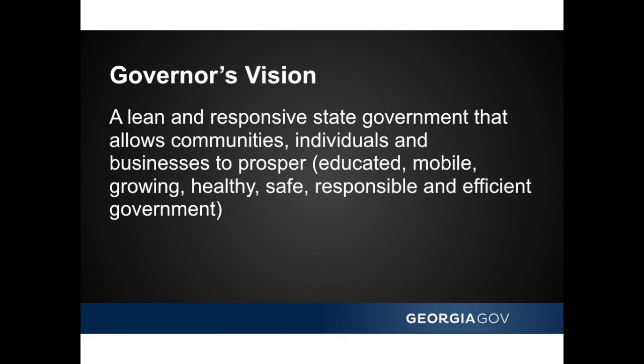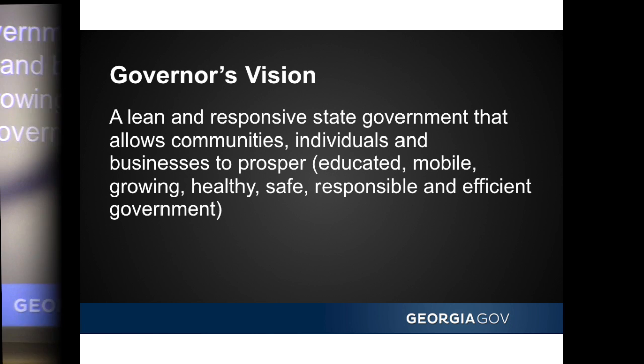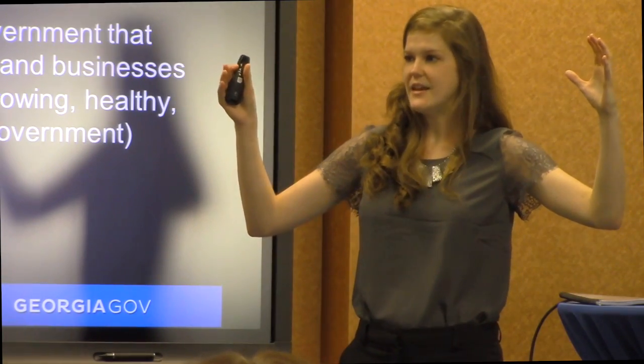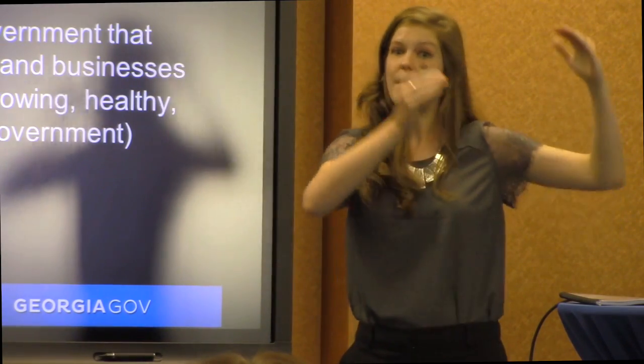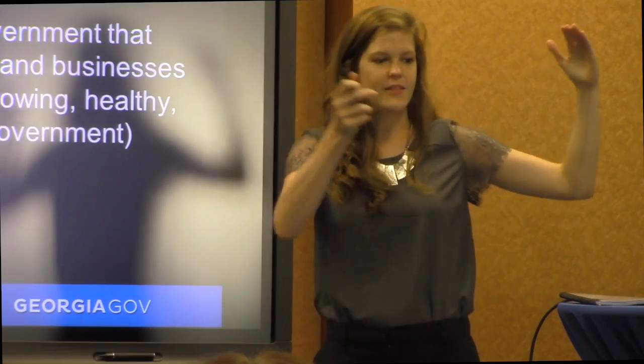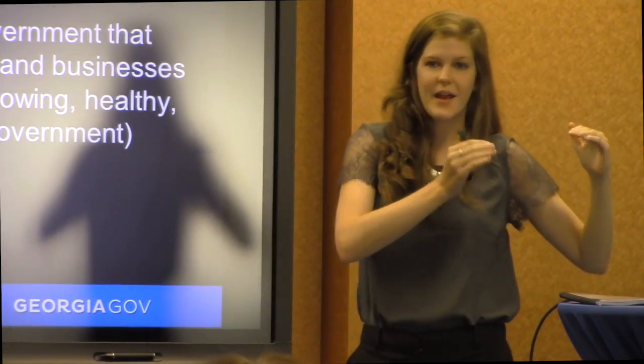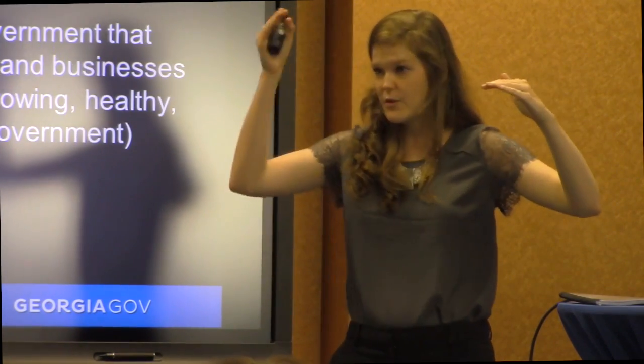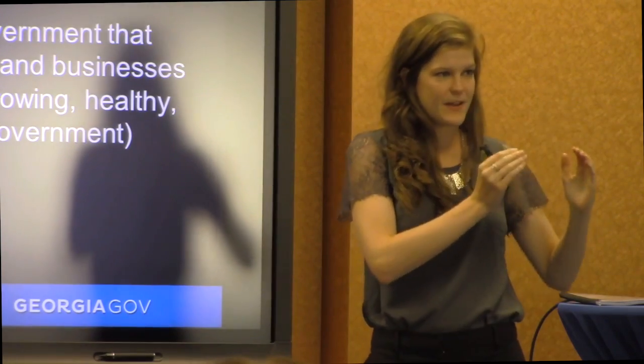So that's our foundation. That's what our goals should come from. So the governor has his vision. Then each agency, in turn, has their own goals that relate back to that vision. And then each department in that agency, everything relates back. It just gets a little more specific as it goes down.